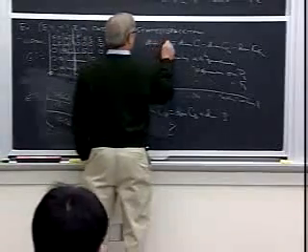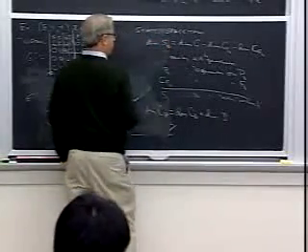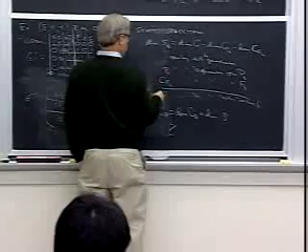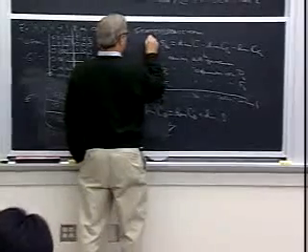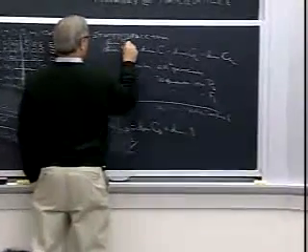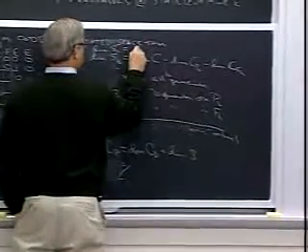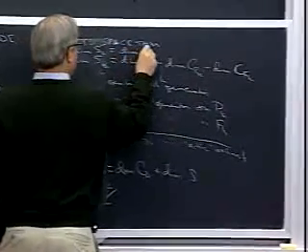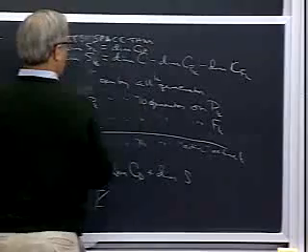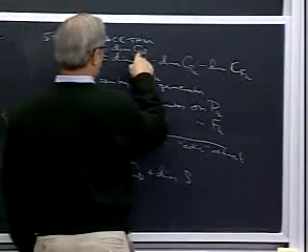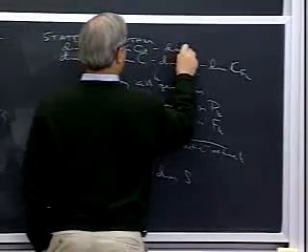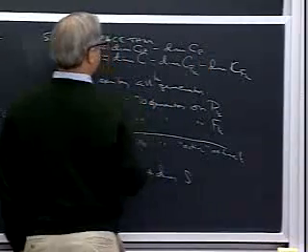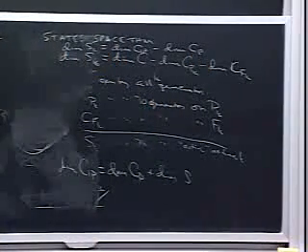Which leads to another version of the state space theorem. I could simply write the state space theorem as: the dimension of the state space at time k is simply the difference between the dimension of the projection, C projected on the past, minus the dimension of the subcode. It's all these guys minus these guys.